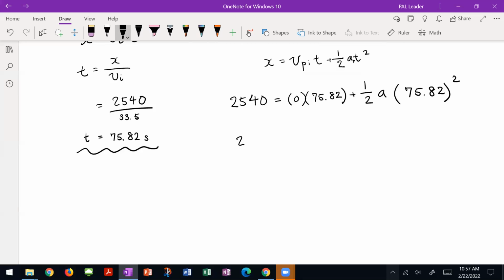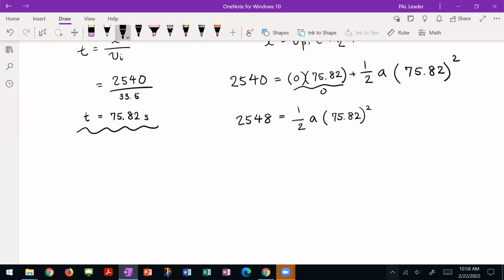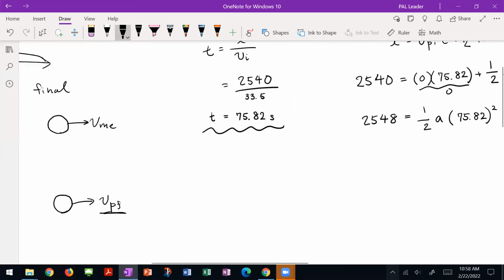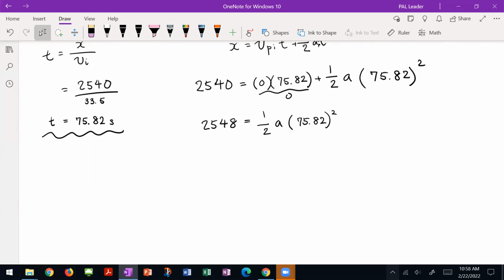So I'm going to just start doing that. This first term is all just going to become 0, so I'm not going to even bother writing it. 1/2 a, and I'm not going to square this yet because it's going to become a big yucky number. I want to isolate a, so I think I'm going to multiply both sides by 2.